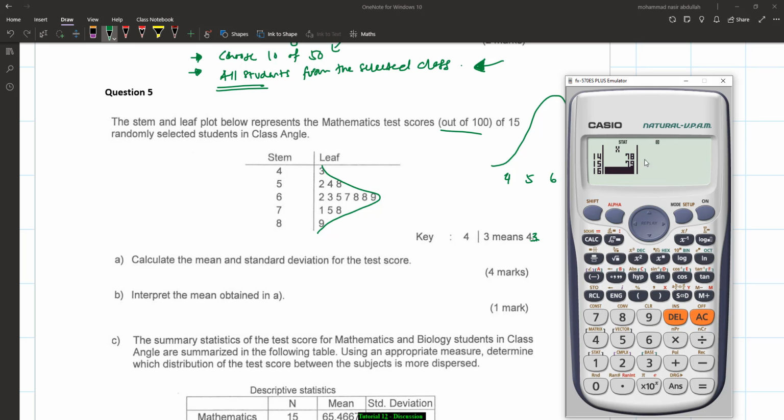So they are all together 15 data. So 43, kita recheck balik lah. 43, 52, 54, 58, 62, 63, 65, 78, 88, 89, 71, 75, 78, and this is wrong, right? 79. Nampak tak? So if you are using this calculator, then you can recheck and rectify the data.